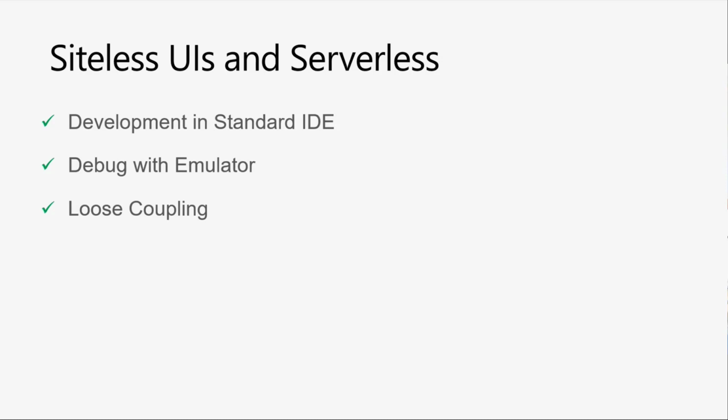For instance, with an app shell in micro frontends, I can, of course, also do loose coupling, but most micro frontend implementations that you see already point to where the fragment is coming from. That shouldn't be the case here because, again, the application shell is generic. It doesn't know our micro frontends, our code. So in Siteless UIs, it's all loosely coupled.